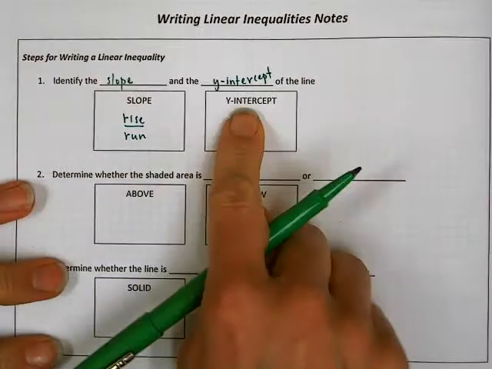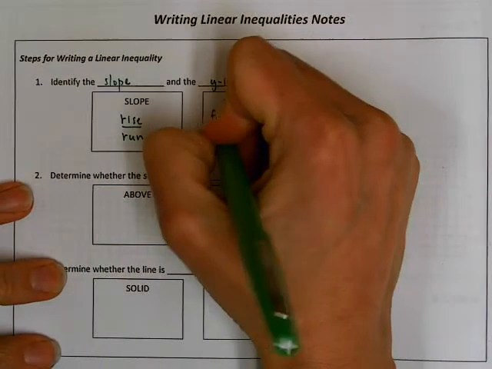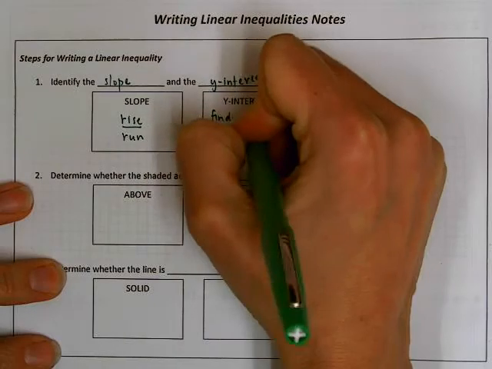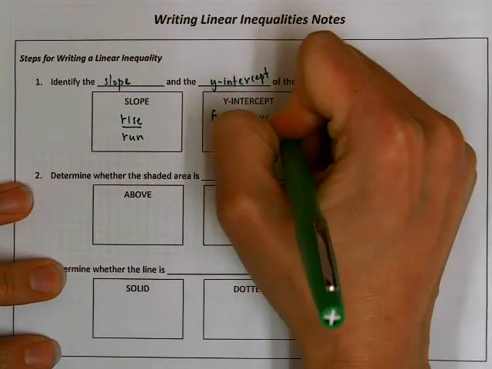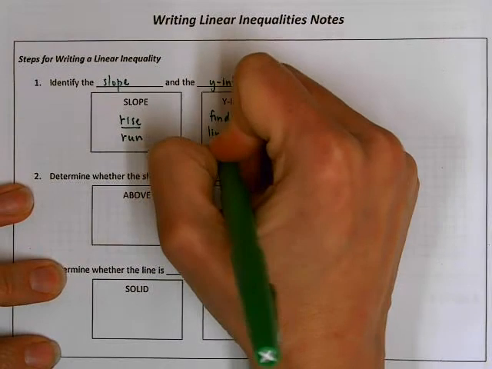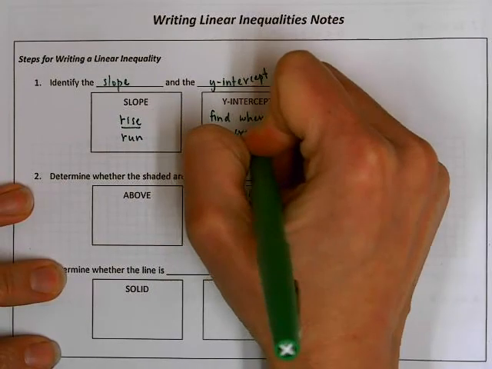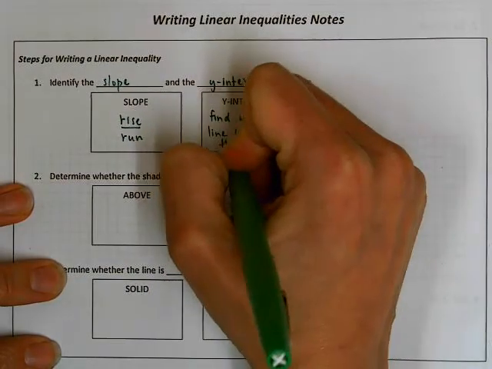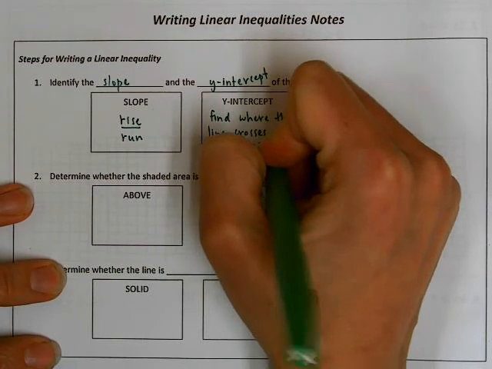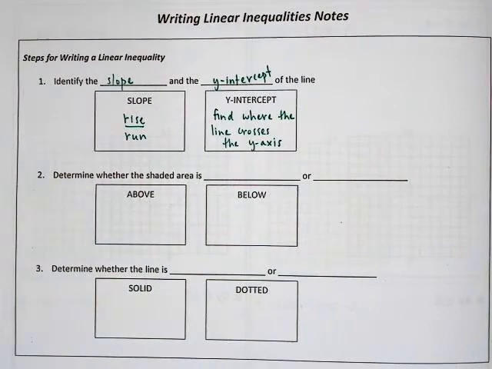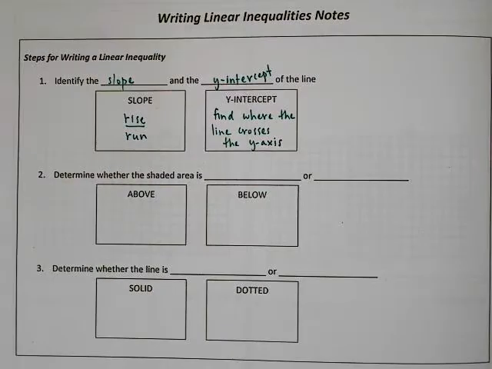To identify the y-intercept, we're going to find where the line crosses the y-axis. And as we go through an example, we'll kind of refer back to these steps. So, first thing is just getting the slope and the y-intercept.